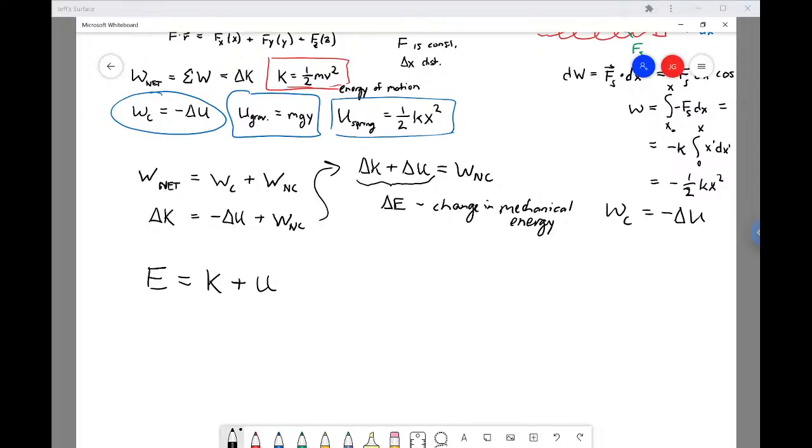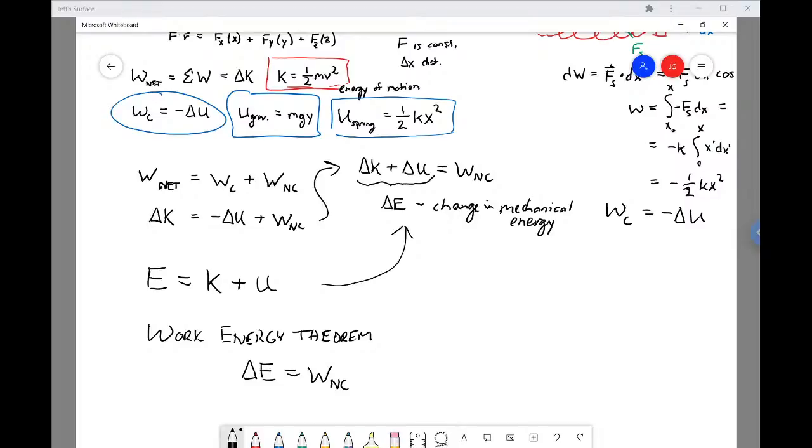Mechanical energy equals kinetic plus potential. And what we have up here is the work-energy theorem, our final version of the work-energy theorem: change in mechanical energy equals the work done by non-conservative forces.